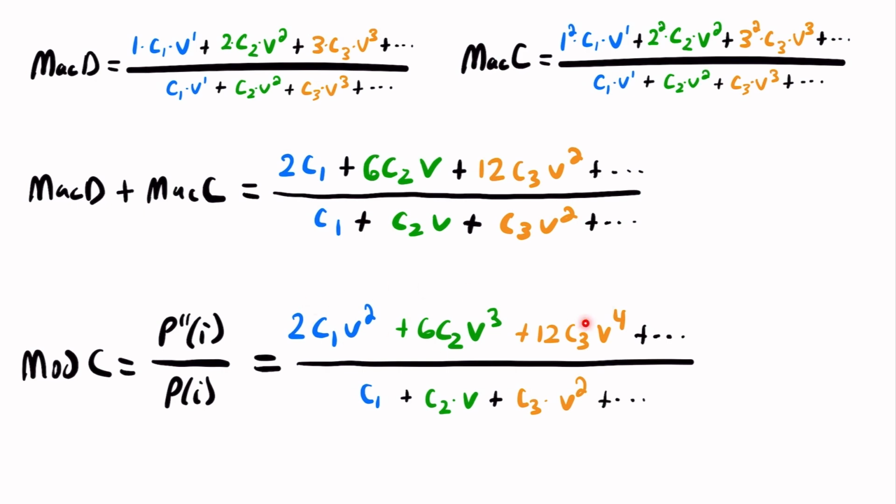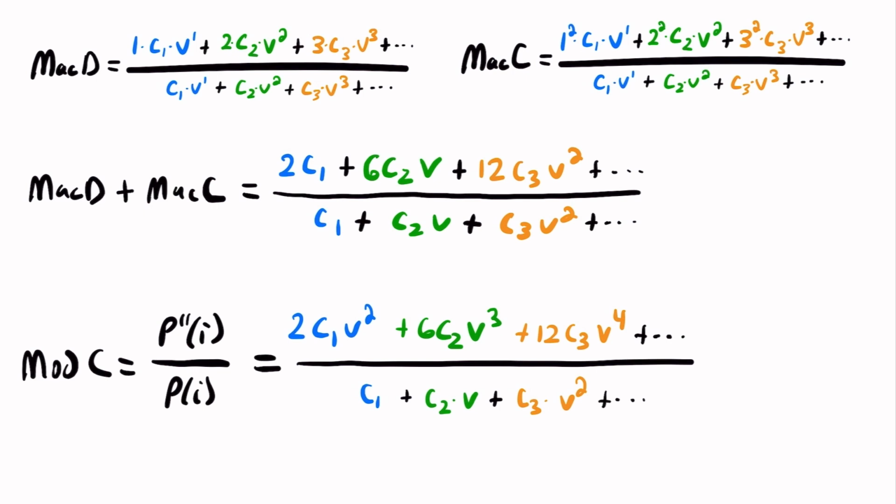It's almost the exact same numerator that we have up here, except that each of these terms differ by a factor of v squared, right? 2c sub 1, 2c sub 1, 6c sub 2, 6c sub 2, 12c sub 3, and 12c sub 3. The only difference is that each of these terms is being multiplied by an extra v squared. If we multiplied v squared through the numerator here, all of these terms would match these terms right here.